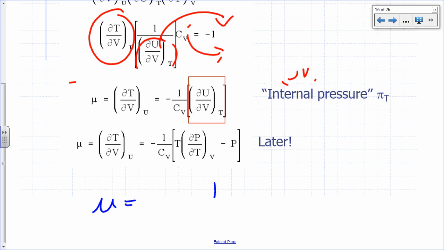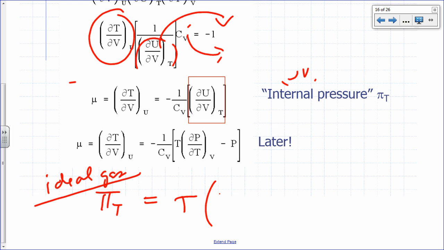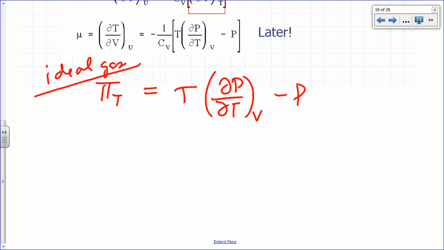What is pi sub T for an ideal gas? It's T times partial of P with respect to T at constant V, minus P, right? This is equal to what?